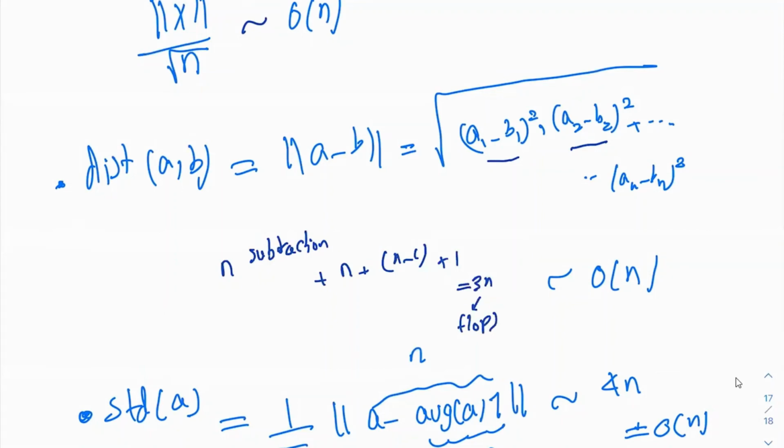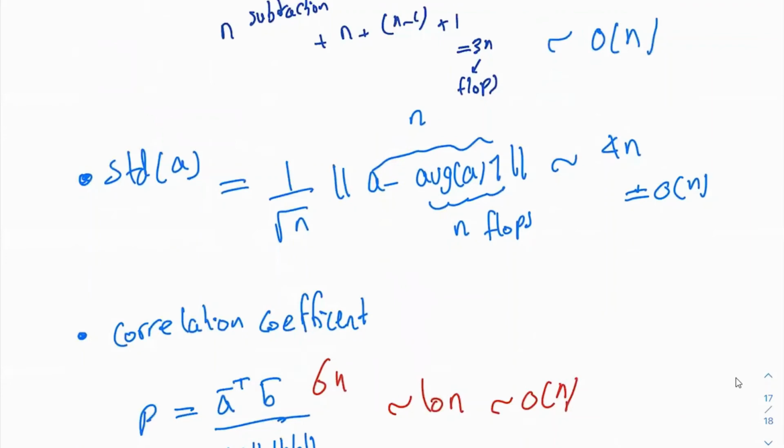Again, STD of A, the standard deviation of A. Let's see what that is. To calculate the average, how many flops do we have? A1 plus A2 all the way to An, divided by n.